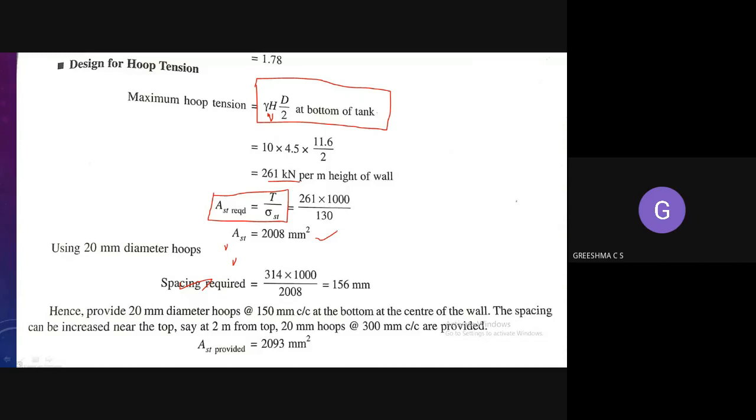The spacing required is given by the same equation, 1000 Ast divided by AST, the equation we used from semester 5. Here small ast is the area of one bar, that is the area of a 20 mm diameter bar, which is pi by 4 into 20 square.